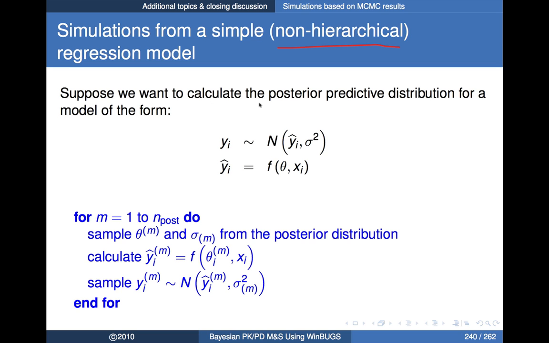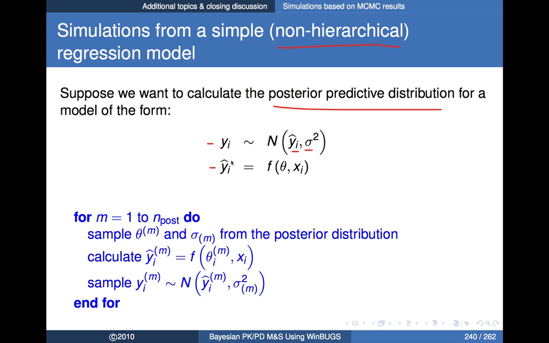So suppose we want to calculate the posterior predictive distribution for a model that has a form like this, where our observations, which we'll call yi, are normally distributed with some mean yi hat and some variance sigma squared.